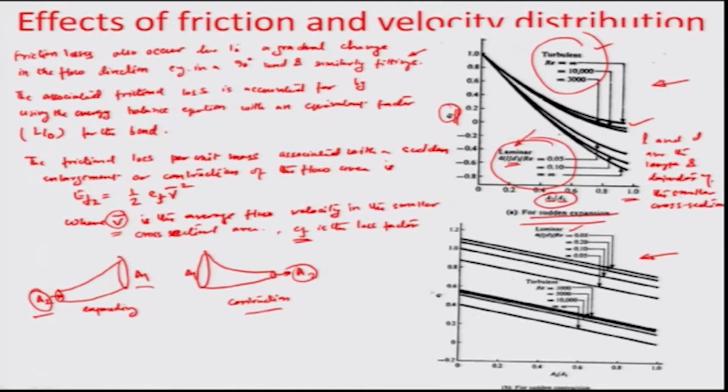So, for the sudden contraction case, again the same is recorded as laminar and turbulent, as you can see, and this EF really is the loss factor that comes because of the bend or the change in the cross section.